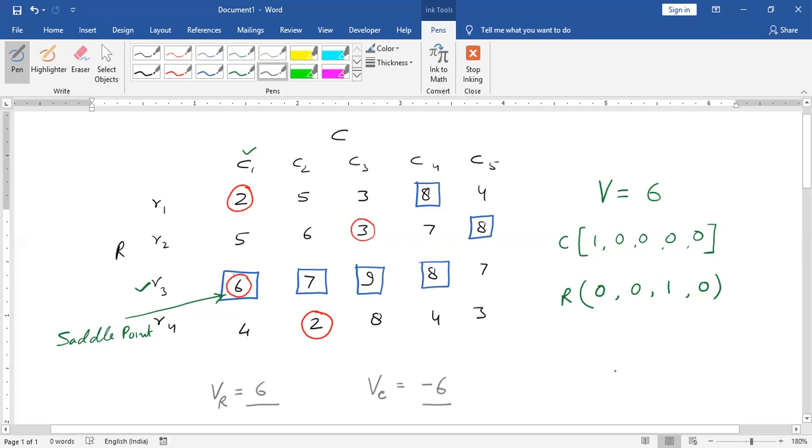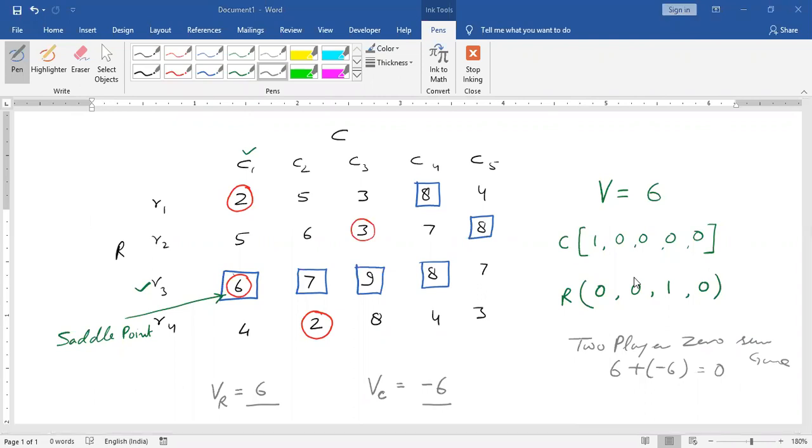When you add 6 plus -6, it becomes 0. So that is why it is called a two-player zero-sum game.